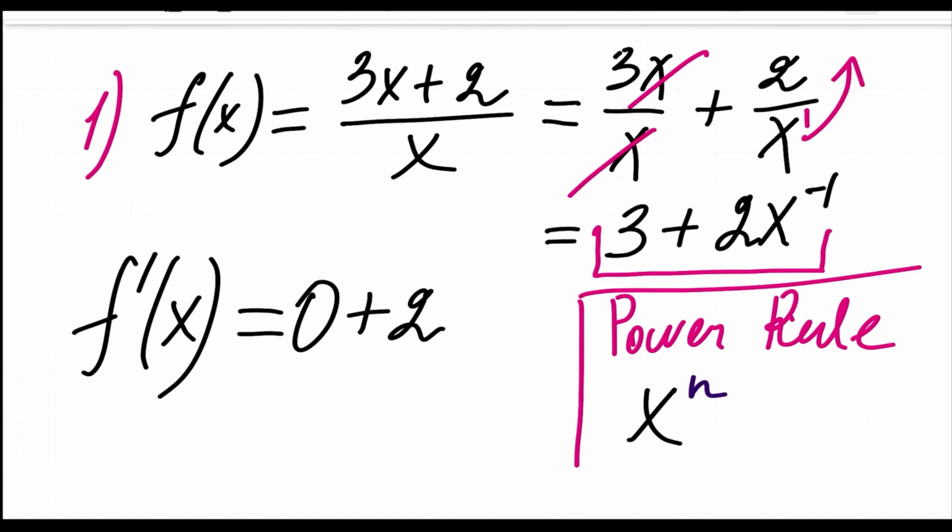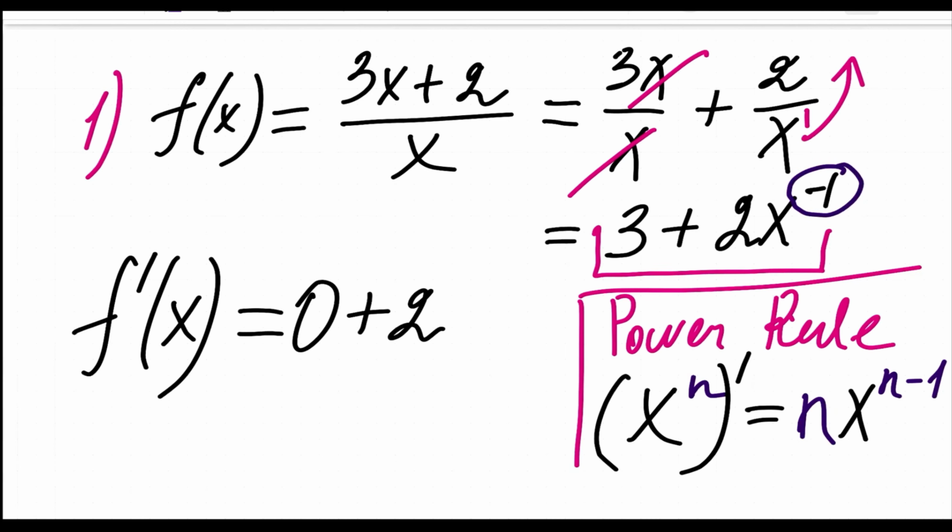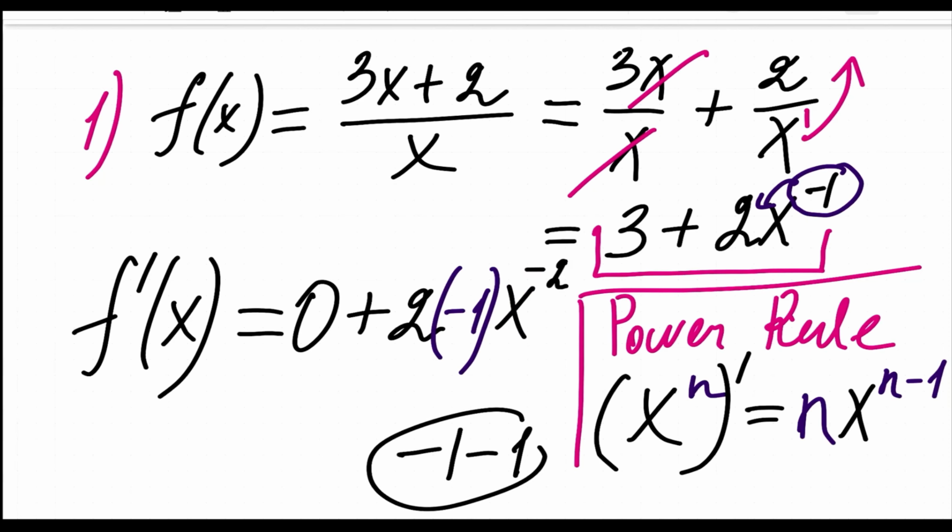As a rule of thumb, you want to bring this power in front as the coefficient of your term, and you want to decrease the power by 1, so knock it down by 1, n minus 1. Now this negative 1 comes out front, so 2 times negative 1, and your new power becomes negative 1 minus 1, which is negative 2.